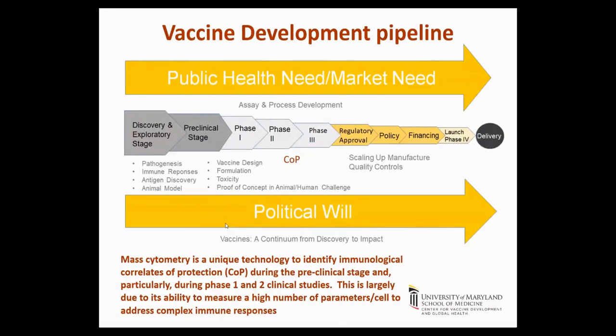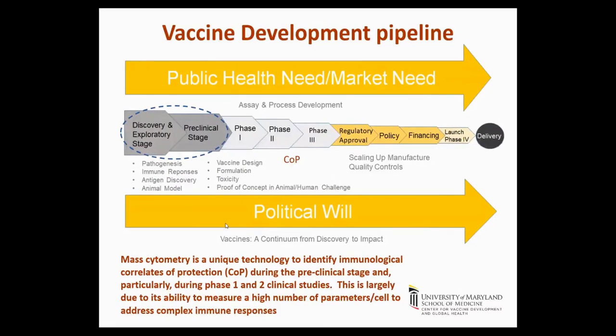So to start with a general description of the vaccine development pipeline, the development of vaccines is a very complex enterprise involving many stages, including a discovery phase, an exploratory stage, typically performed in animal models, all the way to a preclinical stage.